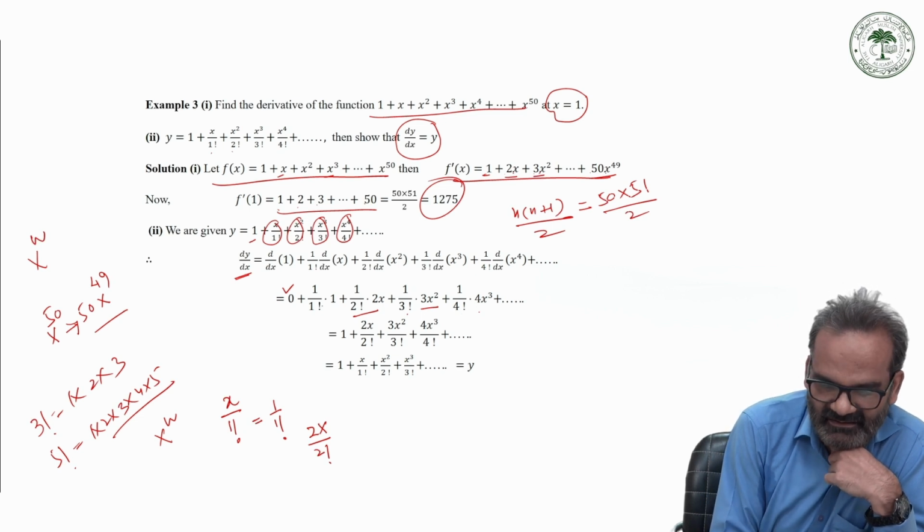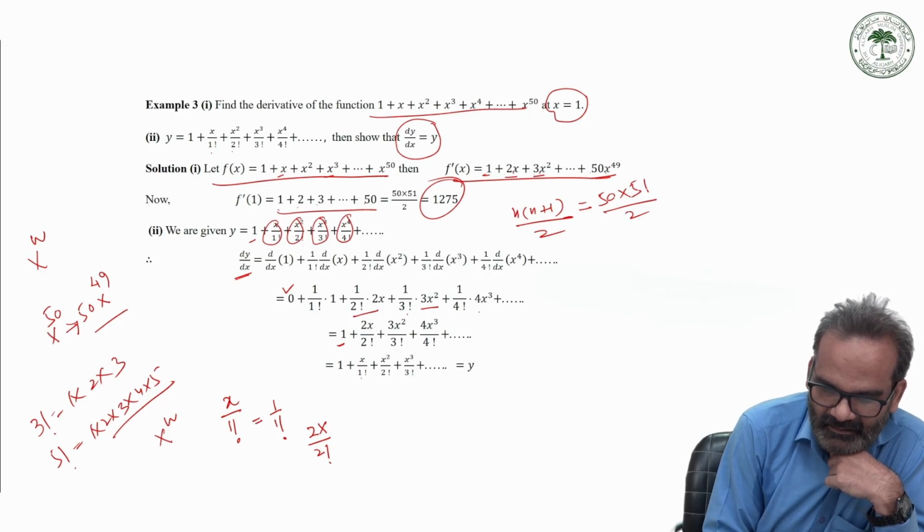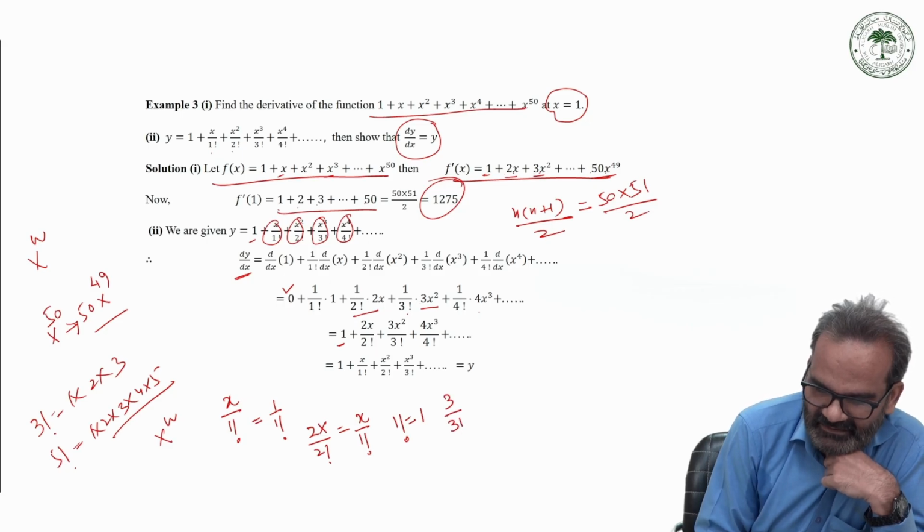Now in the next line, 1 upon factorial 1 gives 1 here. 2 and 2 will cancel out, and what is left is x upon factorial 1, because factorial 1 is always equal to 1. Same thing here: this is 3 and this is factorial 3, which is 3 into 2 into 1. 3 and 3 will cancel out.